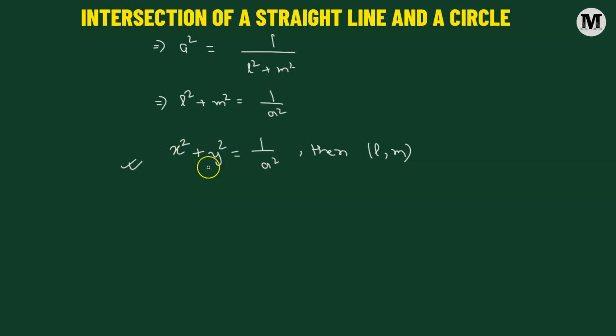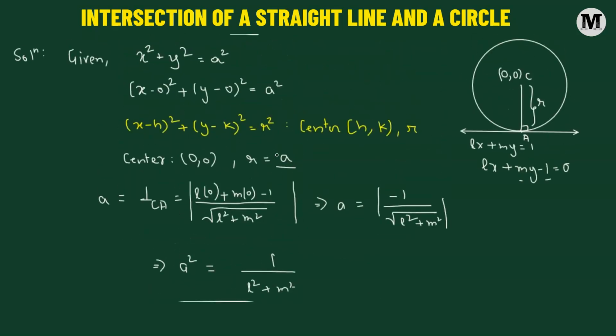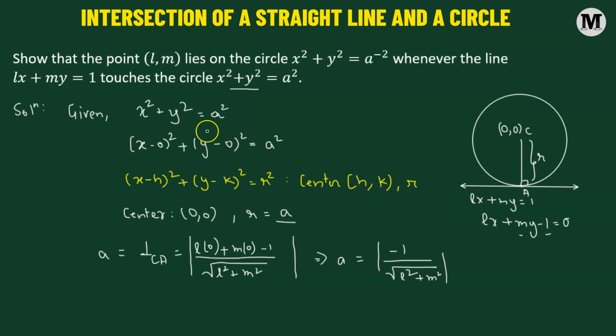All we have to do is replace x with l and y with m, and that gives exactly this expression. In other words, the point (l, m) lies on the circle x squared plus y squared equals 1 over a squared whenever the line lx plus my equals 1 touches the circle x squared plus y squared equals a squared.